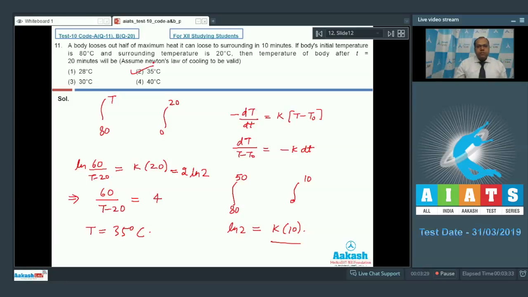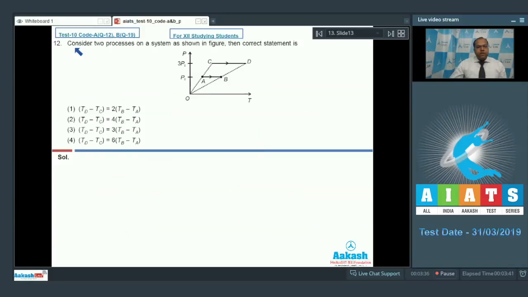Let's move to question number 12. In question number 12, consider two processes on a system as shown in the figure. Then the correct statement is.